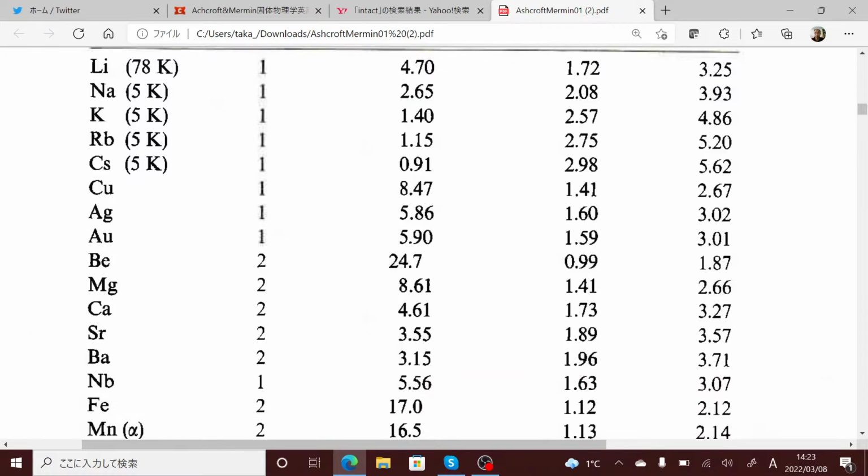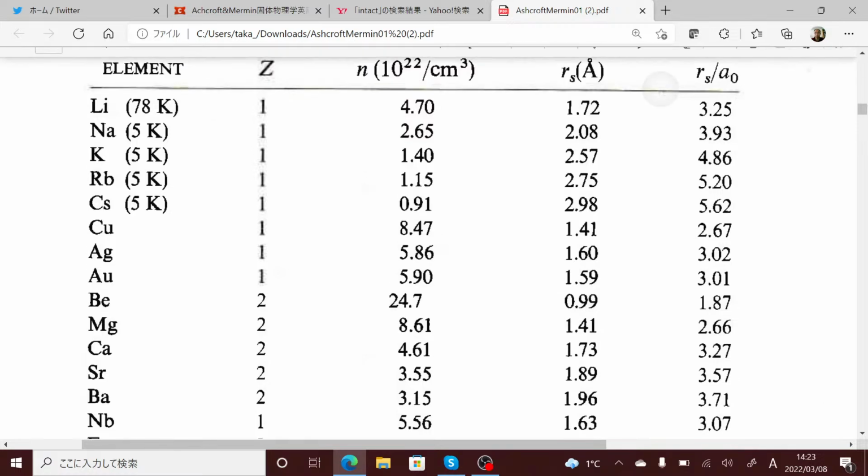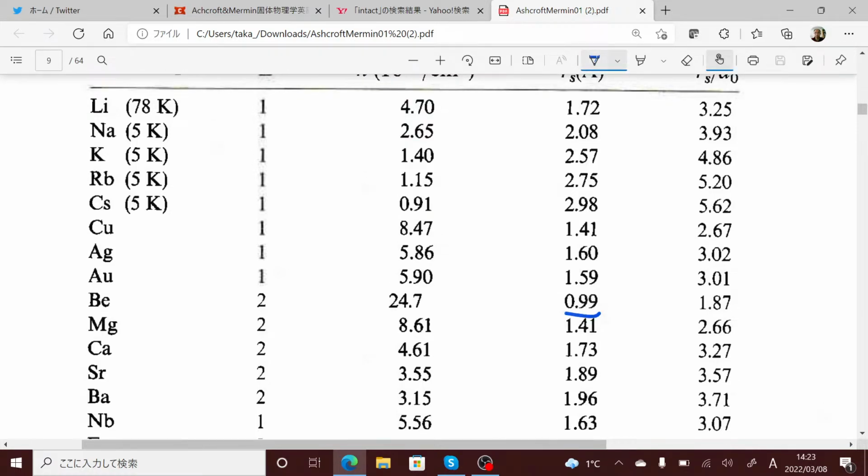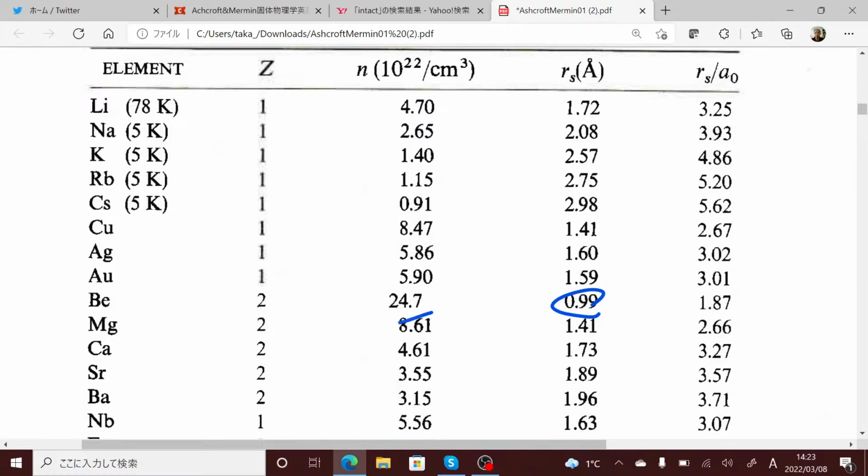Beryllium, I think, has the smallest rs. And cesium, 2.9, is the largest.